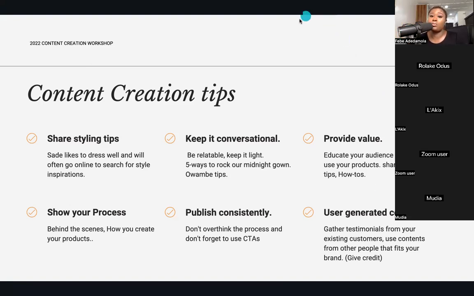Sade is looking for style inspiration. Most of the time, for myself and a lot of people around me, they go to Pinterest or they go to Instagram to look at style inspiration. So you might want to stick with platforms like Instagram and Pinterest as a fashion business, or somebody who has products that are picture based, because you want to showcase some of these products.